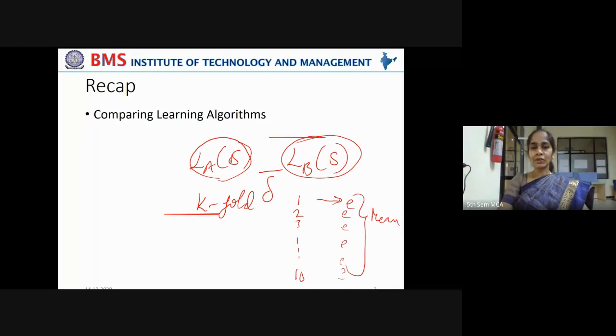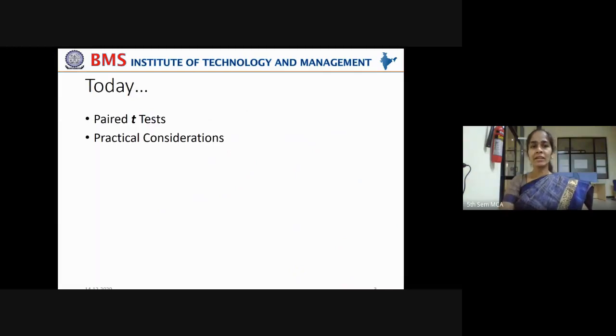Now based on that delta bar, we should be able to calculate the confidence interval within which the difference between these two learning algorithms' performance falls. This has been elaborately discussed in your previous class. Now in today's class, we are going to discuss paired t-tests and the practical considerations underlying that.